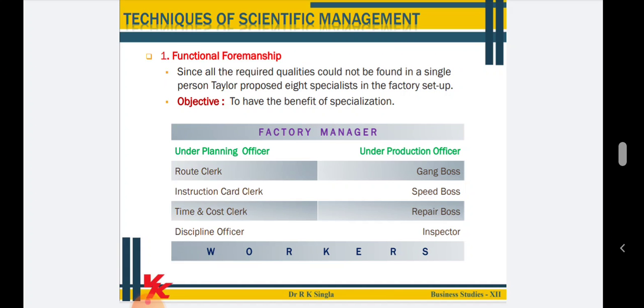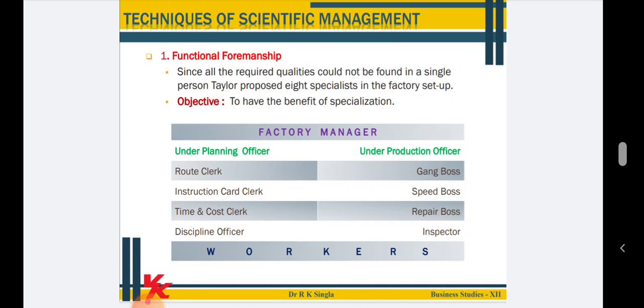Since all the required qualities could not be found in a single person, Taylor proposed 8 specialists in the factory setup. The objective of functional foremanship is to have the benefit of specialization. According to functional foremanship, the whole organization should be divided into two parts, that is planning and production.